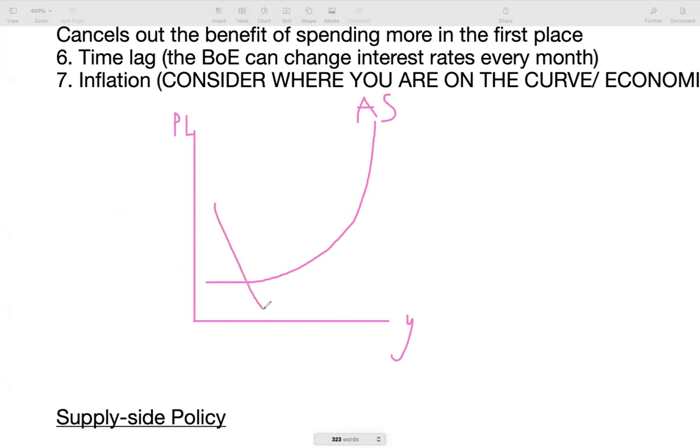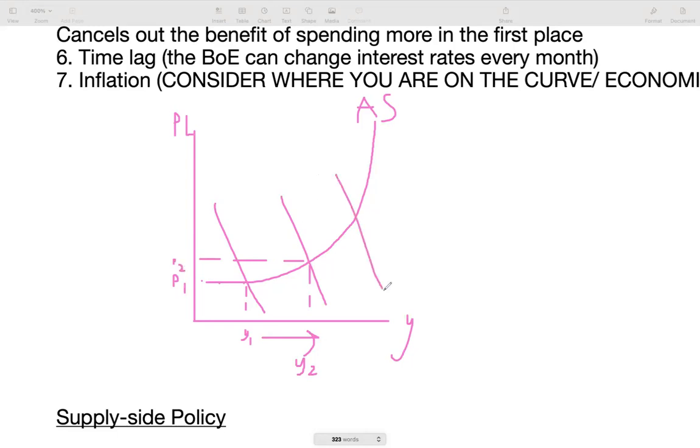Let's say we're at a recession, so we have very low employment and very low prices. If we shift AD to the right, then look, we get out of our recession and we get a big increase in GDP and not that much inflation. So that's good.